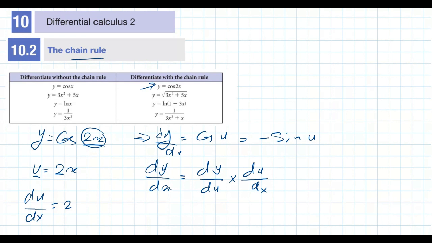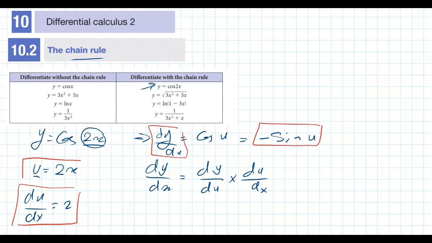Here you have two results: dy over du equals negative sine u, and du over dx equals 2, and u is 2x. Then you need to put them together. How can we do that? Using the chain rule: dy over dx equals dy over du times du over dx.